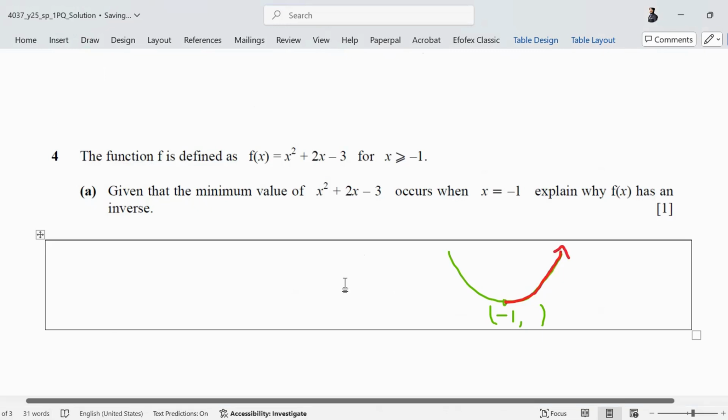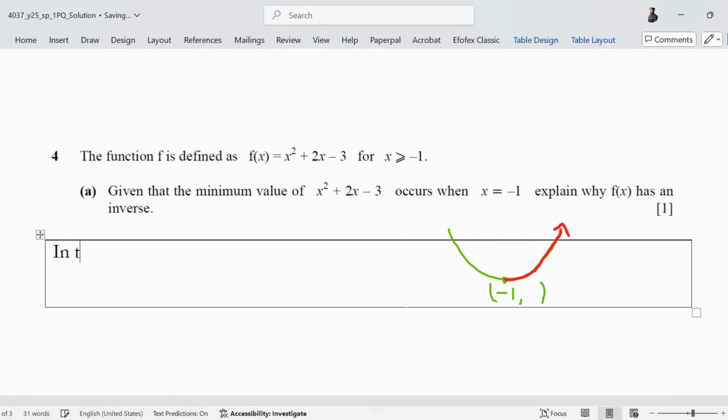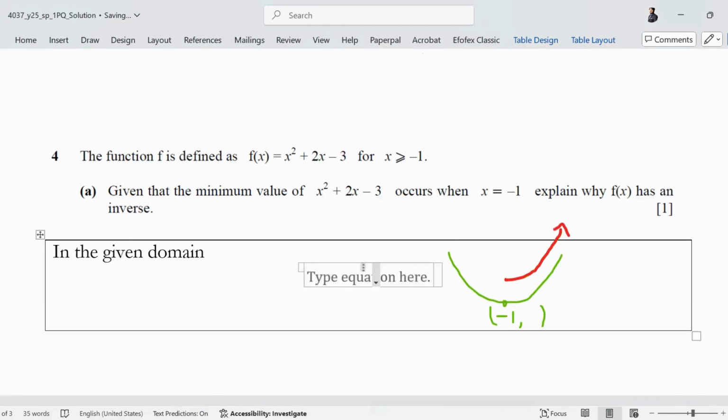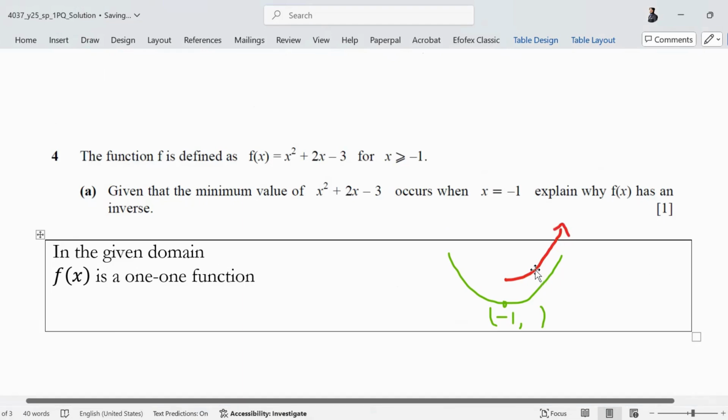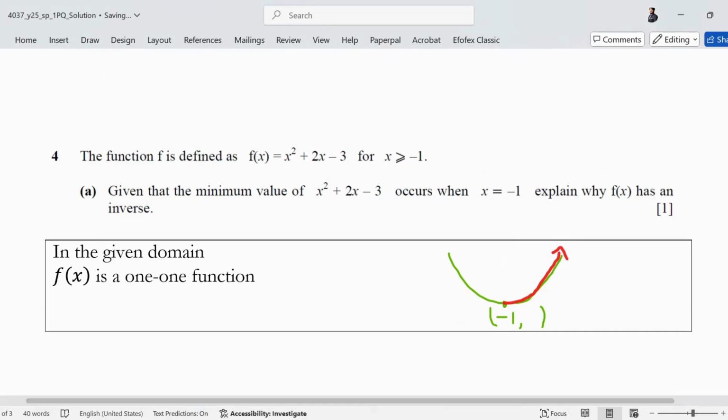And in the given domain, I will say that f is a 1-to-1 function. So in the domain that has been provided to us, f is a 1-to-1 function, and hence it will have an inverse.